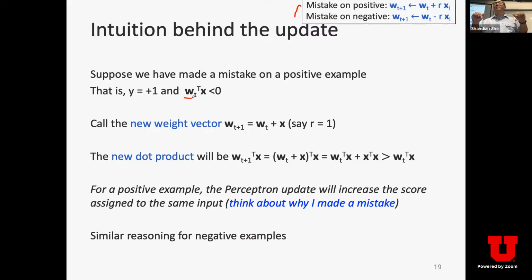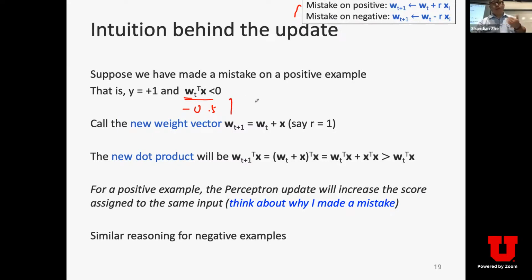That's the idea. For example, if your true label is 1, but my classification score based on the current w_t is negative 0.5, I want to update my weight vector so that the newly updated weight vector, when used to compute the classification score, will increase.